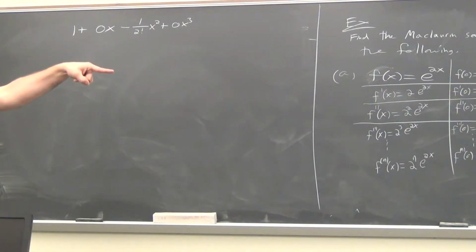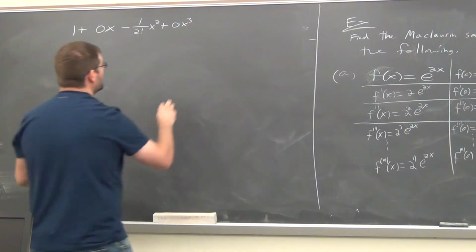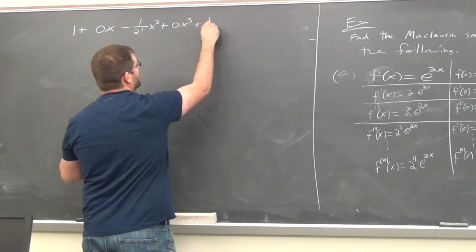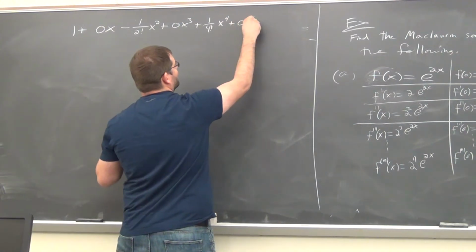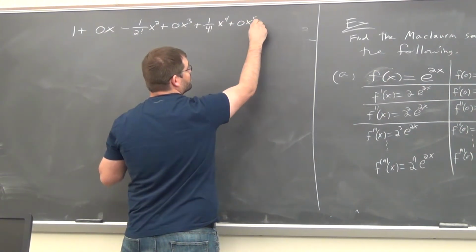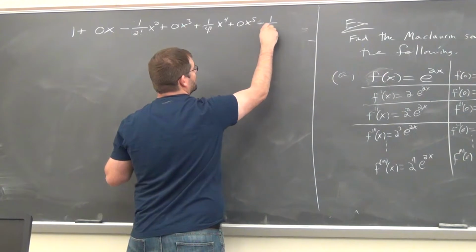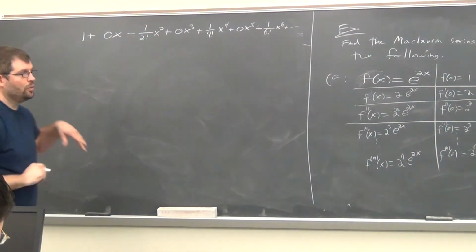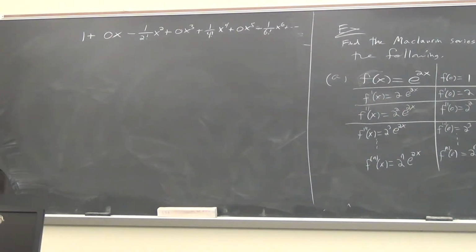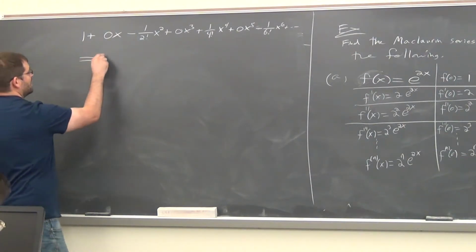Plus 1 over 4 factorial x to the 4th. Plus 0x to the 5th, right? And then minus 1 over 6 factorial x to the 6th. And that pattern repeats. Now, when we write this out in practice, we don't want to bother putting the 0x, right? The 0x cubed, we would drop those off. So this is the series you want to think of.